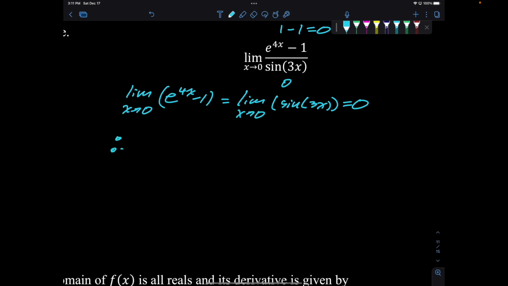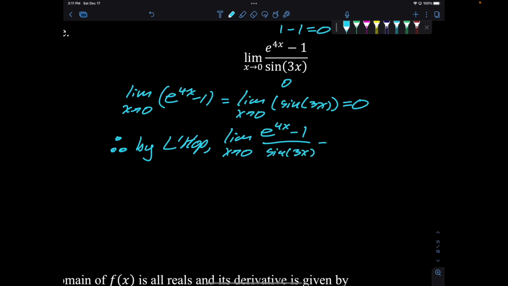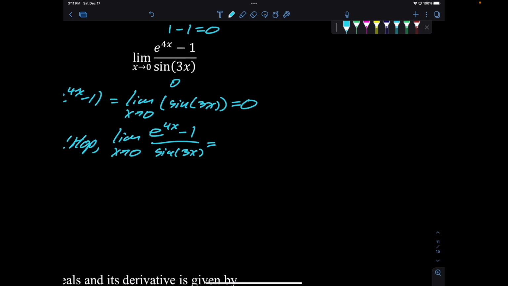Then we say, therefore, by L'Hopital's, the original limit, the limit as x approaches 0 of e to the 4x minus 1 over sine of 3x, equals, now let's actually use L'Hopital, so it's the derivative of the top and the derivative of the bottom.